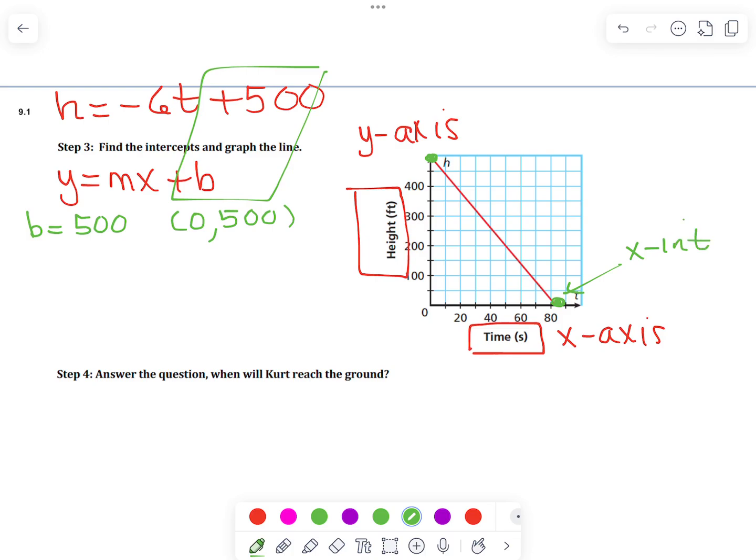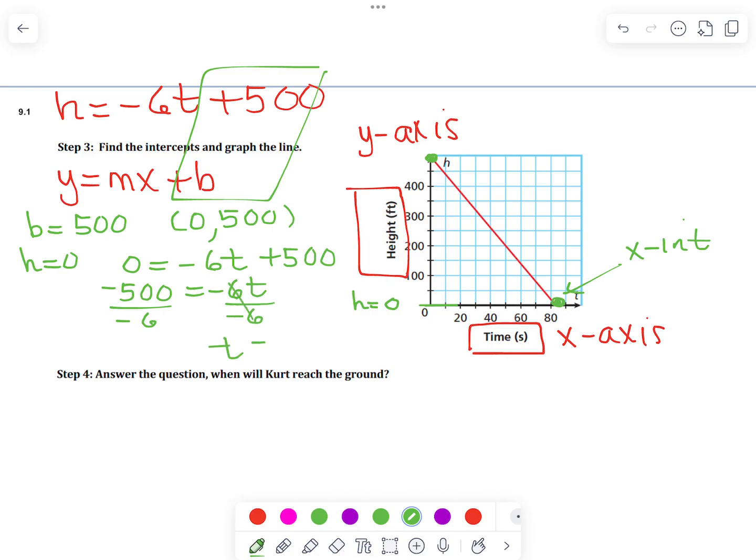To do that, we're going to let our height equal 0. So here's our height of 0, and we want to find that time. We're going to say 0 equals negative 6t plus 500. We'll subtract 500 from both sides, and then divide both sides by negative 6.